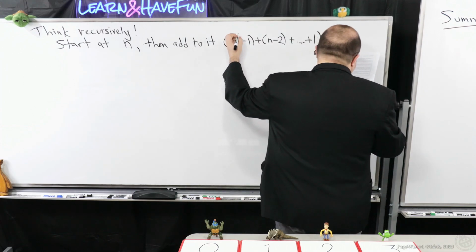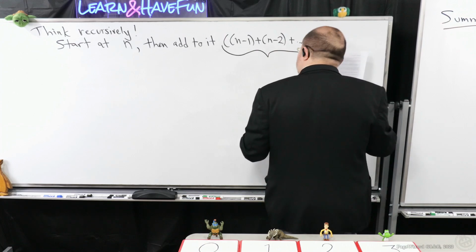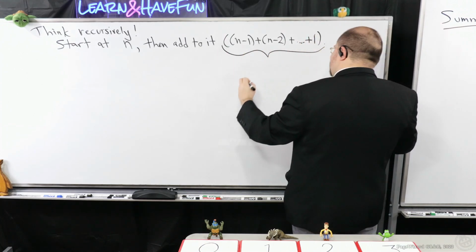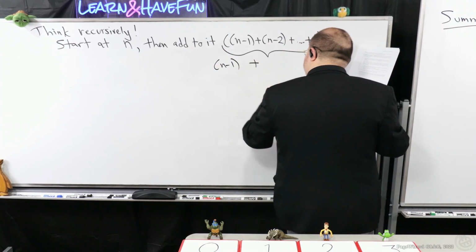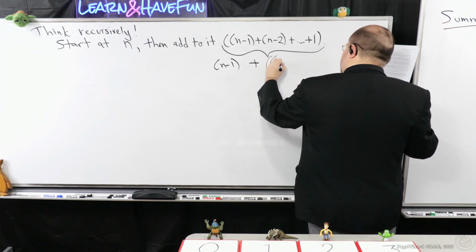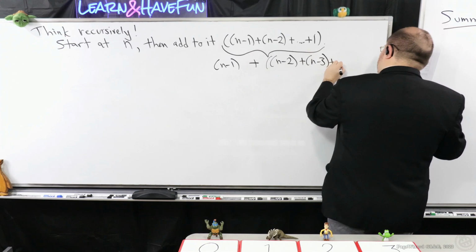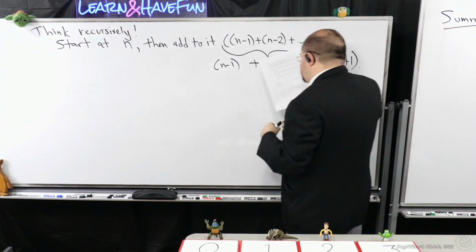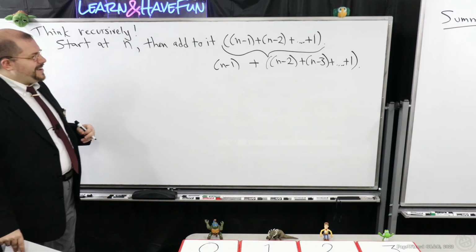Well, think about it. What's this? What's that? Let's continue this process. So this is just simply n minus 1 plus n minus 2 plus n minus 3 plus all the way down to 1, right? Pretty interesting, right?